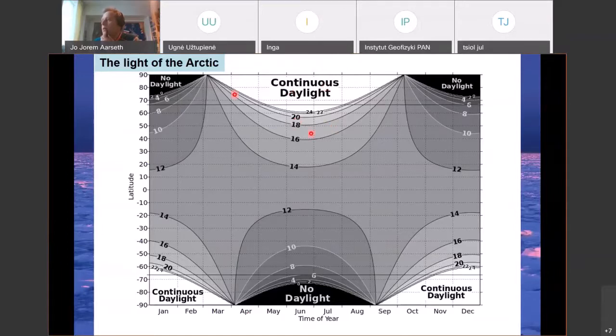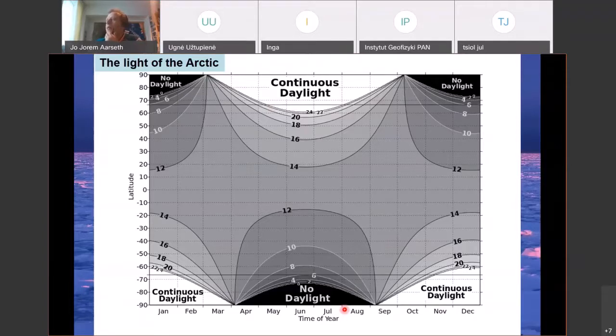You can see here the latitude, and you can also find your own latitude. In Tromsø, we are situated on this line. So in Tromsø, we have continuous daylight from approximately the 3rd of May until the end of July. Then the sun is above the horizon 24 hours a day.